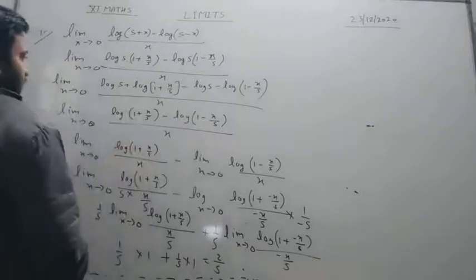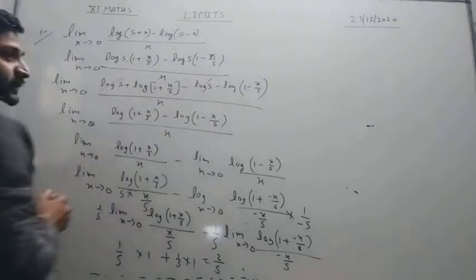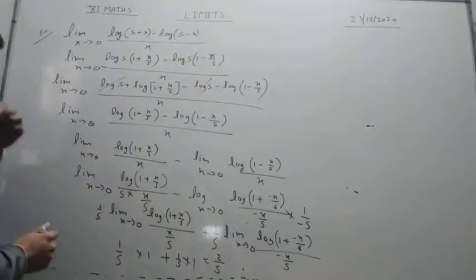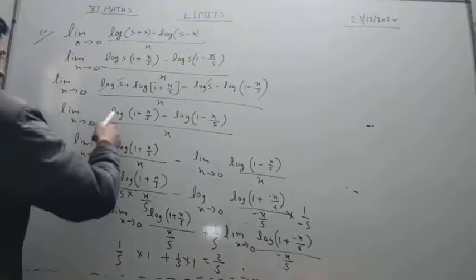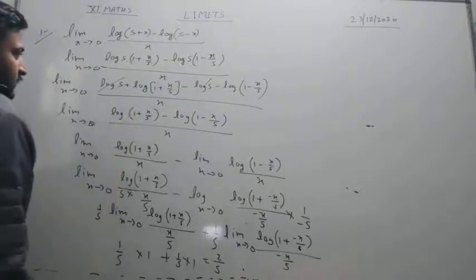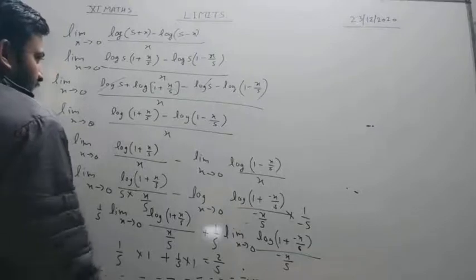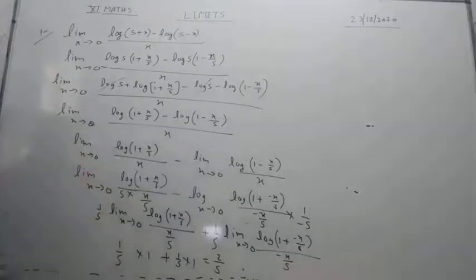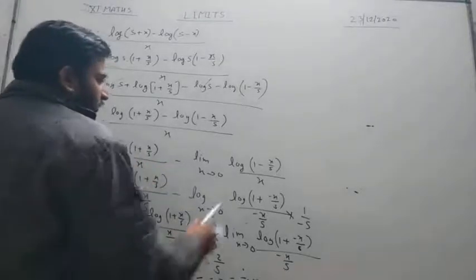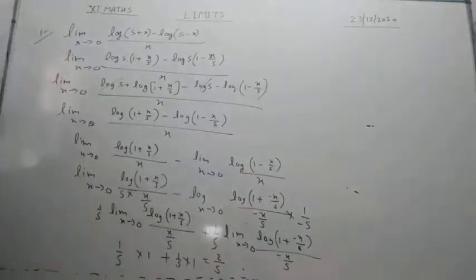This term will be cancelled, both are the same with opposite sign, so we can cancel it. And log(1 plus x by 5) minus log(1 minus x by 5) by x. So limit x tends to 0 of log(1 plus x by 5) by x, minus limit x tends to 0 of log(1 minus x by 5) by x.